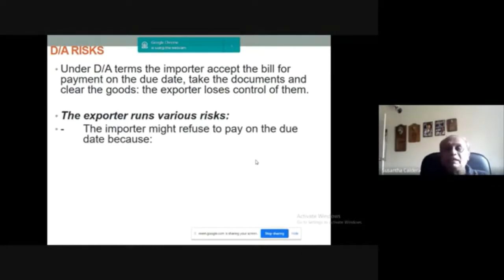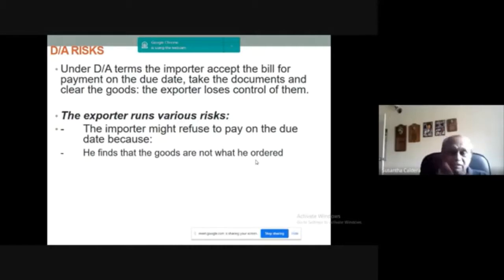The importer has accepted the bill of exchange to pay after 90 days. On the 90th day, he will come and tell you, no, I'm not going to pay, because he has found that the goods are not what he had ordered.